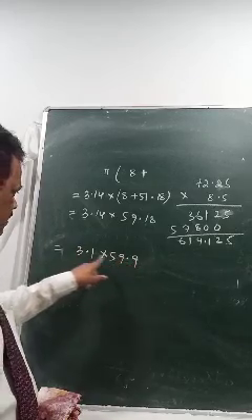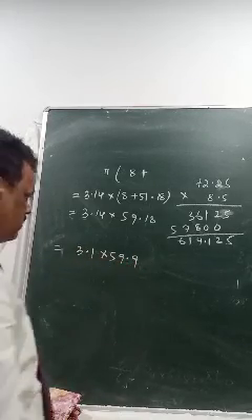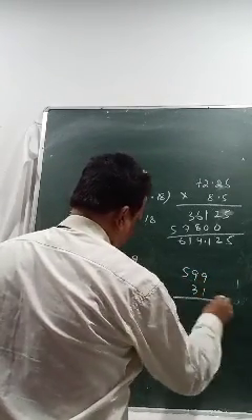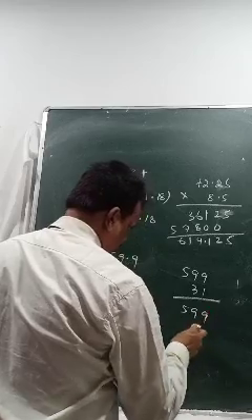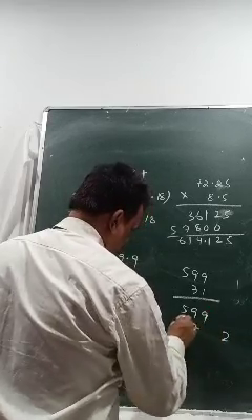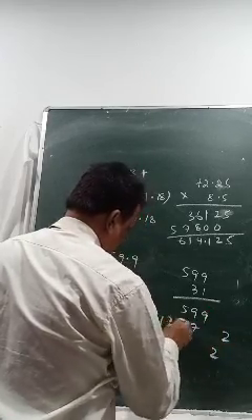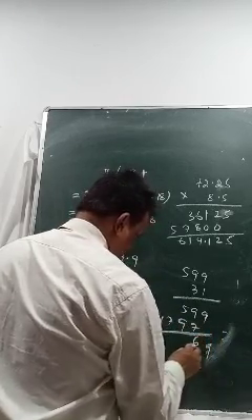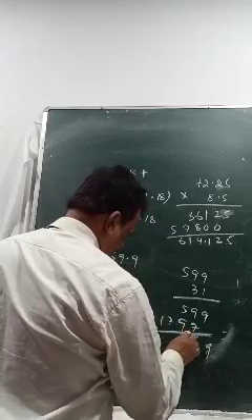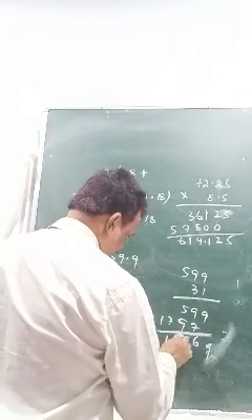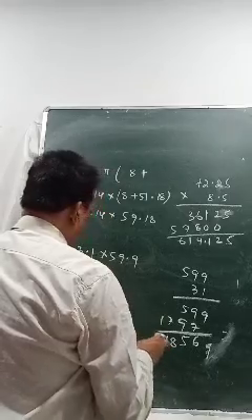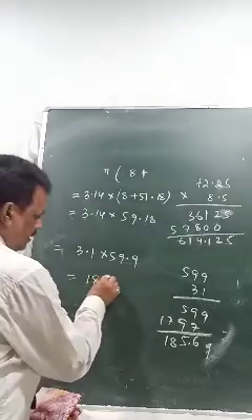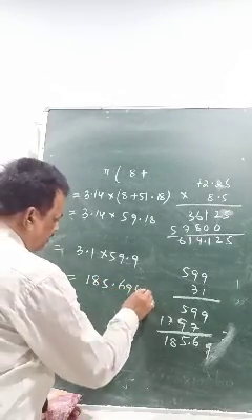So 599 multiplied by 3.1. After the decimal there are 2 digits: 185.69 centimeter cube.